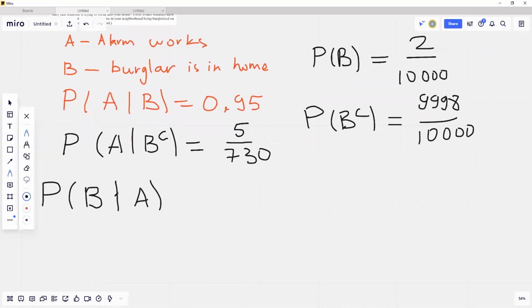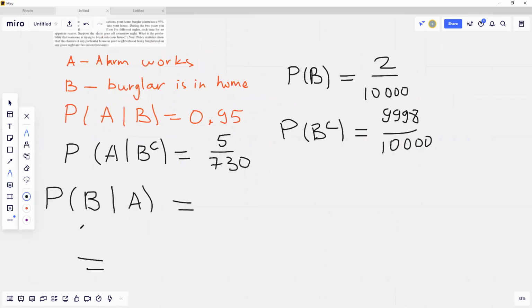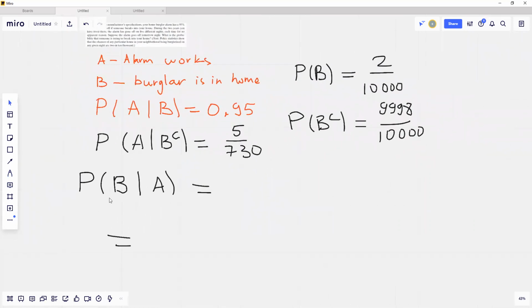Great. Now we cannot answer our question, the conditional probability in that direction, the probability of your house being robbed given that the alarm goes off. However, we know the probabilities that are in reverse order. We know A given B and A given B complement. And the two events that partition our sample space here are your house being robbed or your house not being robbed.